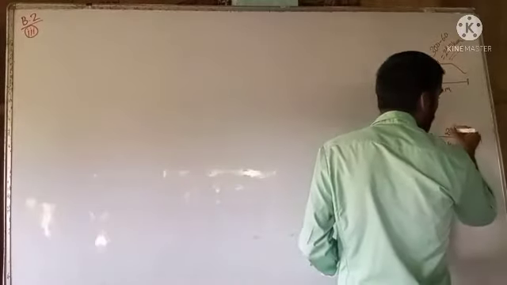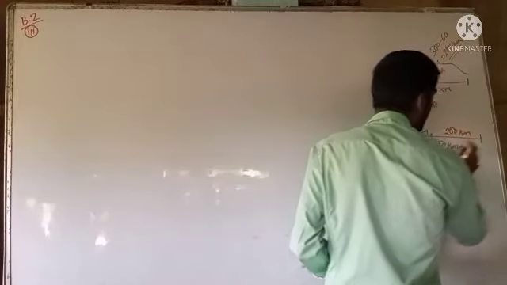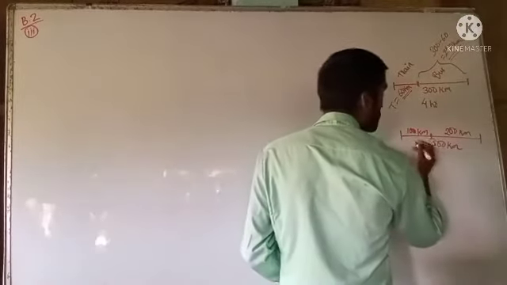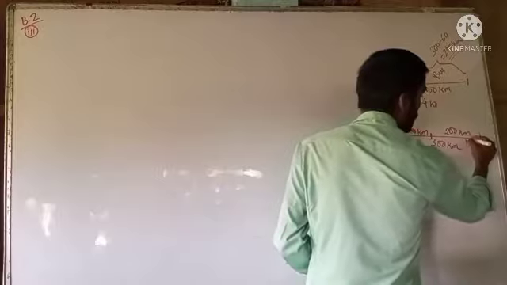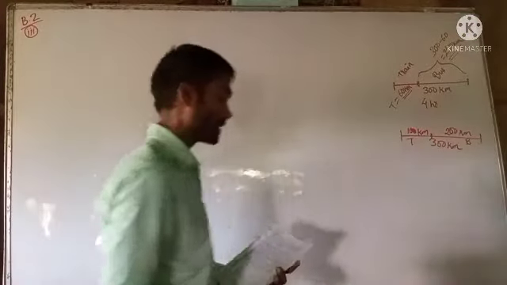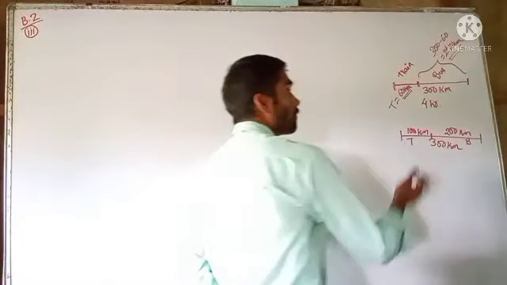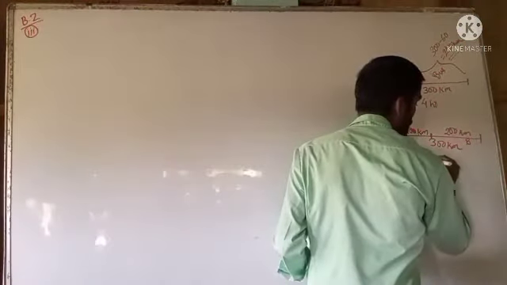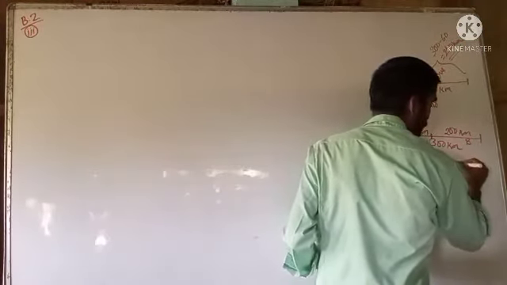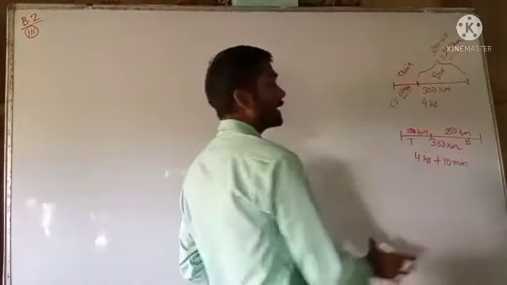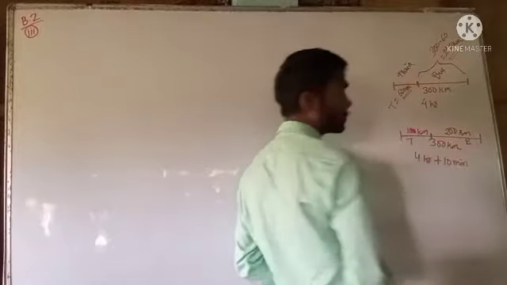So the remaining it is 200 kilometer. That means 300 minus 100 will get here 200. So 100 kilometers she is traveling by train and 200 kilometers she is traveling by bus, and it takes her 10 minutes more. That means it takes 4 hours plus 10 minutes to cover that journey of 300 kilometers.